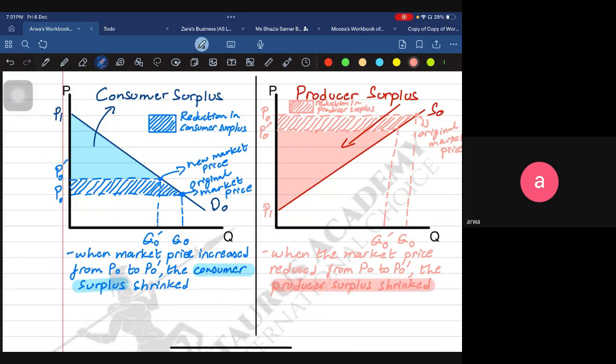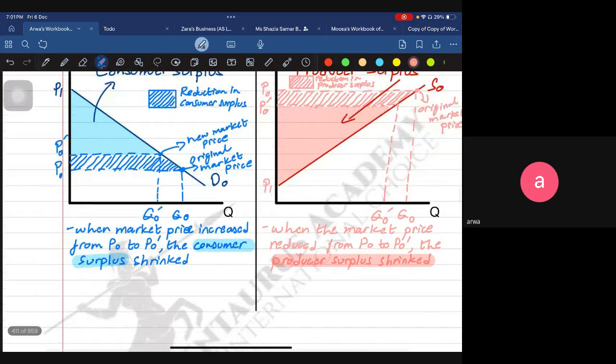Yes, sir. Okay, now just one last thing, and that is to summarize all of what we have done here in this particular diagram. I'm going to summarize it in a very easy way.